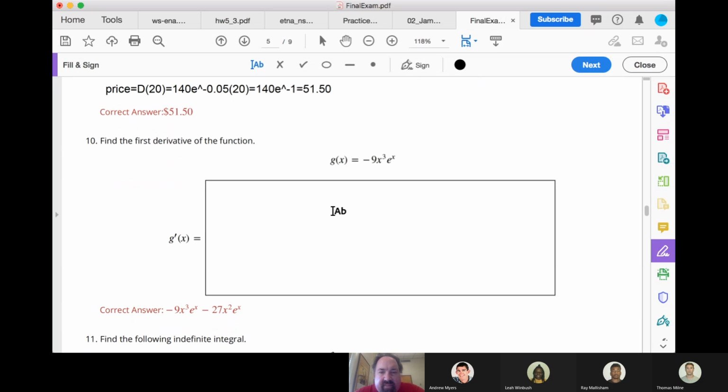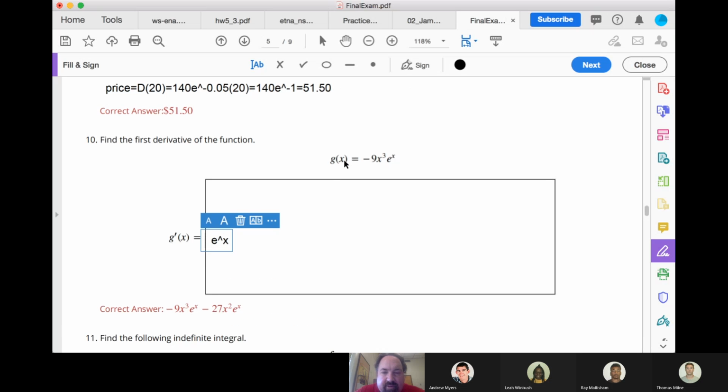All right. Last problem for this first half I will do today. Just finding a derivative of this function. For this, the product rule is needed. So that would give e to the x times the derivative of minus 9x cubed.